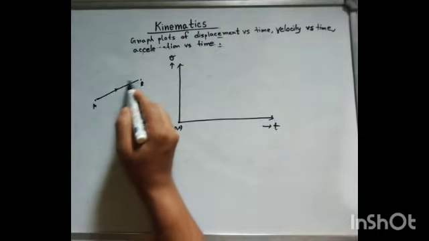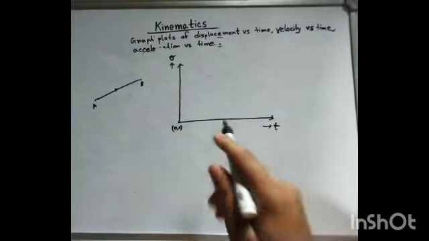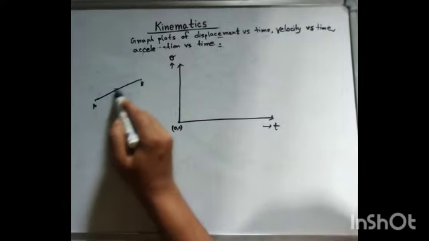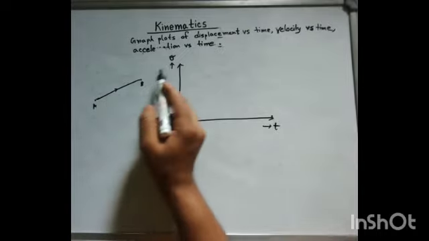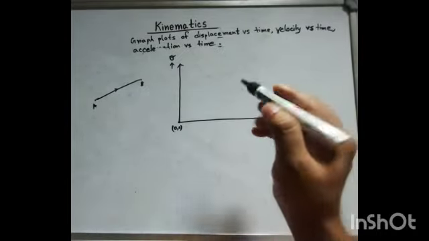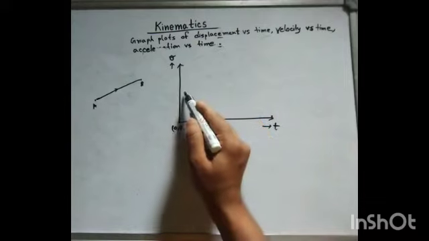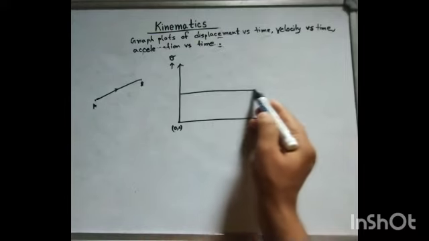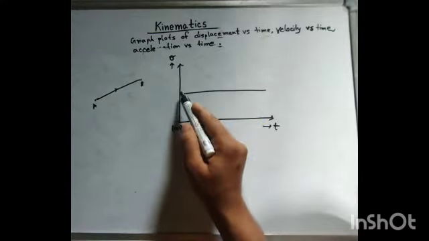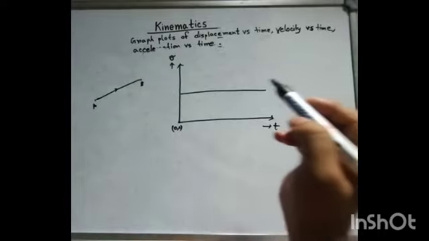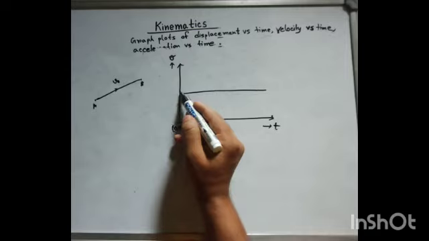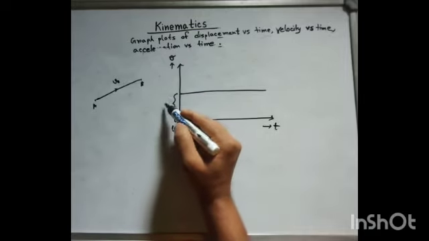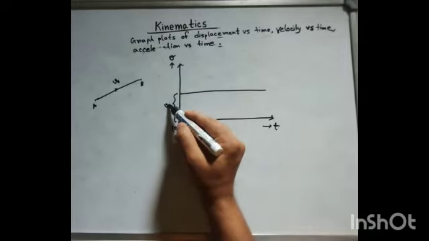So if my velocity is uniform, suppose I am moving in a straight line from A to B, and my speed is also uniform, so my velocity is uniform and constant. So in that case I will get a constant value. That means the value of v is not changing with time. Suppose my speed is v naught, so here the value of this will be v naught.